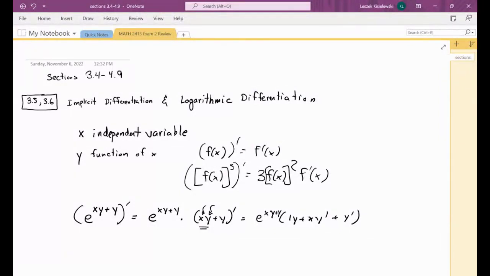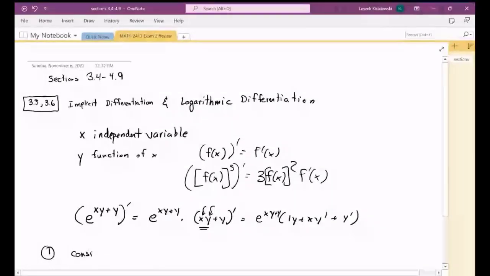Yeah. All right, so let's go ahead and do our first example. We're going to consider the curve in the first quadrant.